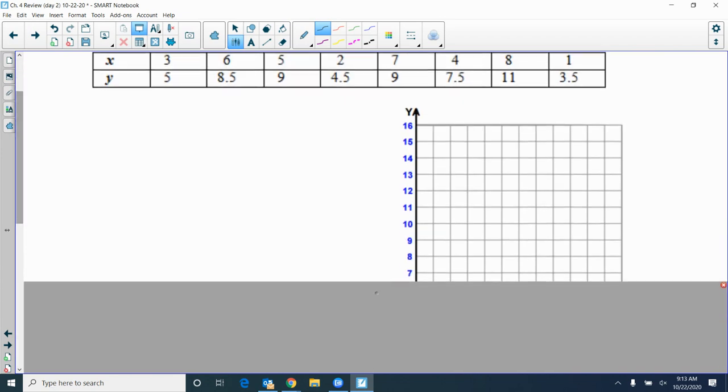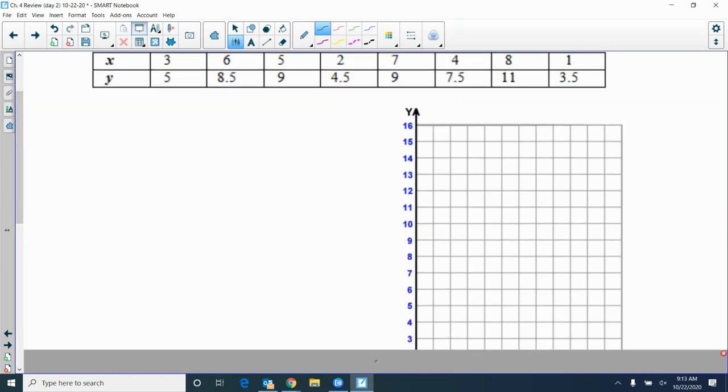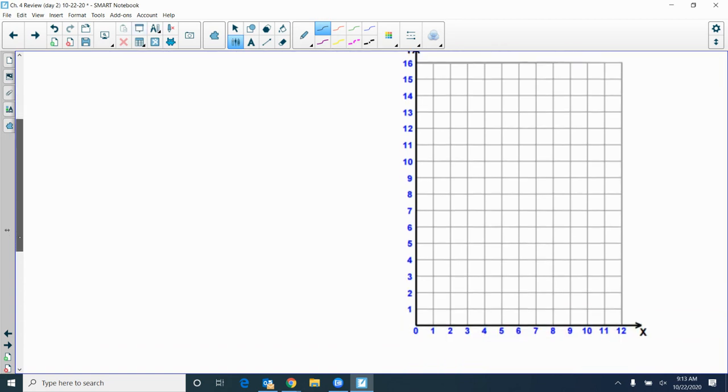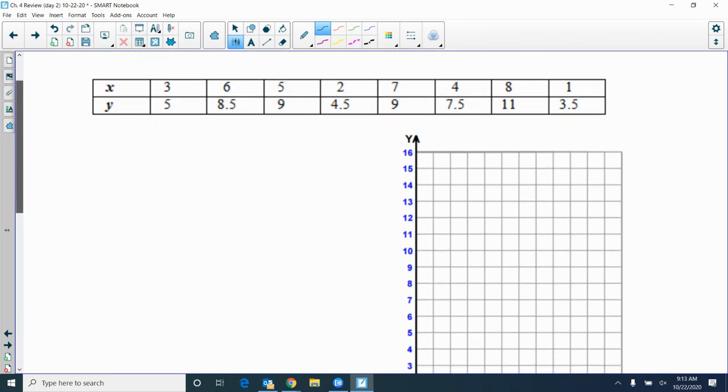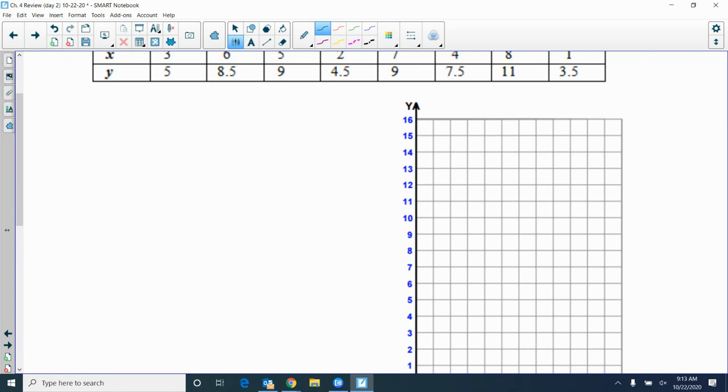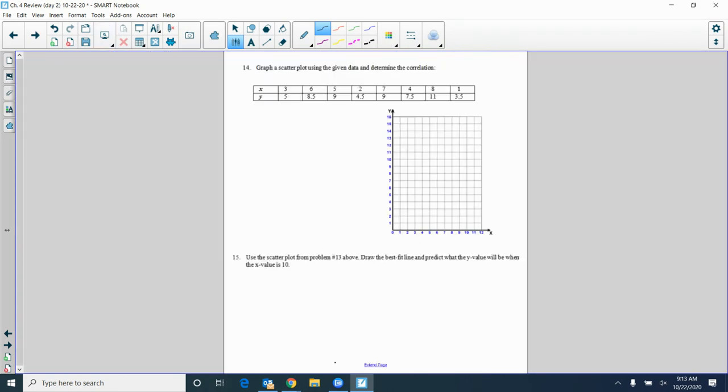Draw a scatter plot. This is still on your answer sheet. Three, 5, 6, 8.5. You take those, yep. So 3, 5, draw on there. Put that down. So 3, 5.